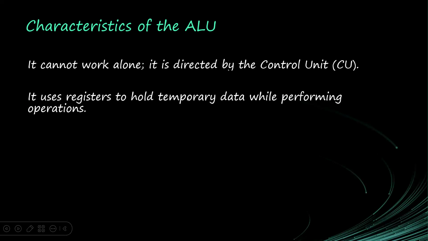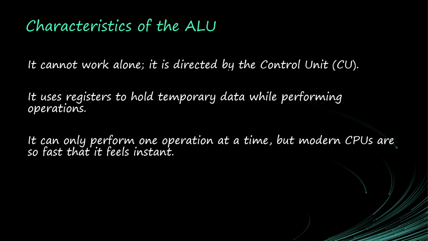So as it is performing some operations, it will be keeping some data on the register to hold it there temporarily. So it doesn't work alone. It can only perform one operation at a time, but this operation can be done very fast. It can perform billions of operations in a second. So it performs one operation at a time.